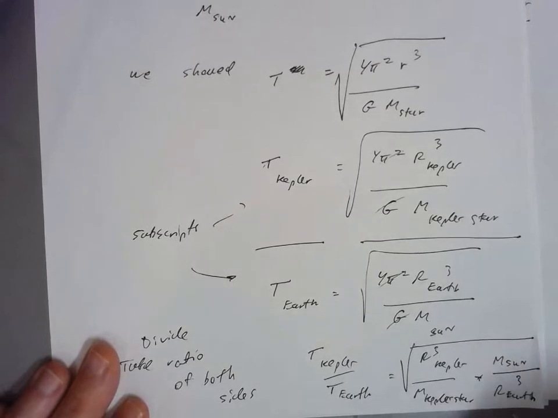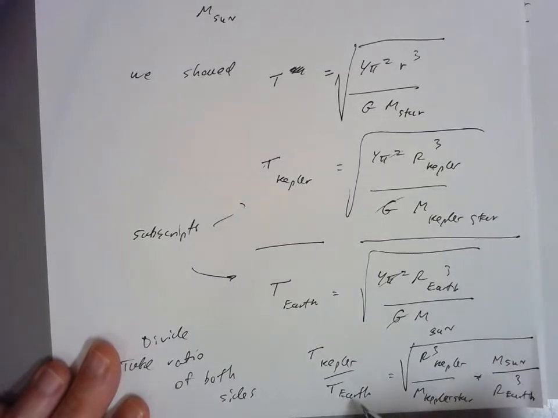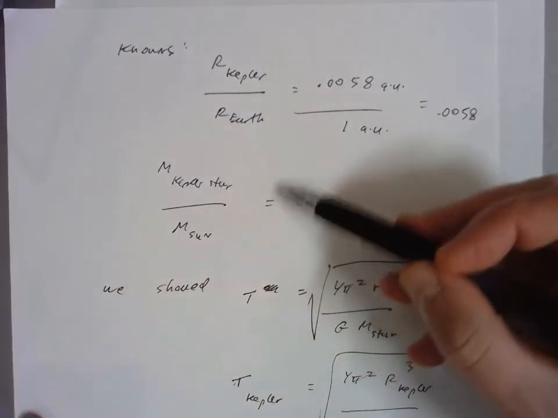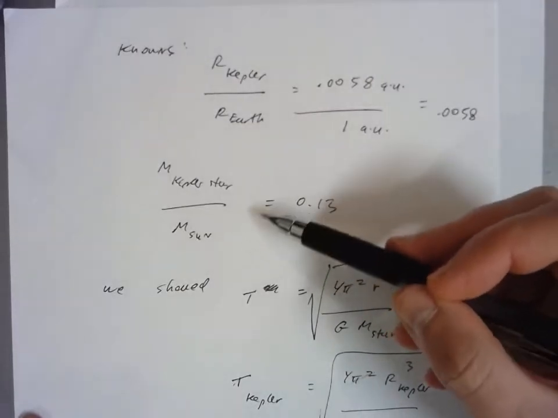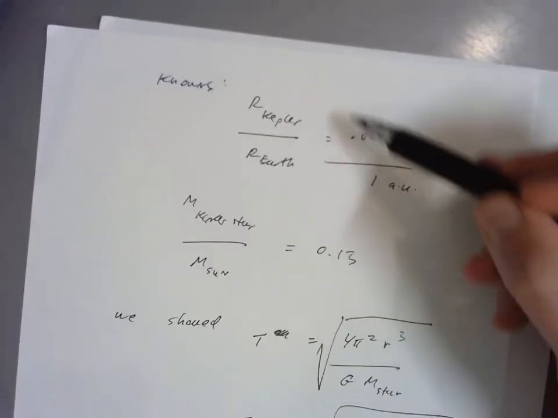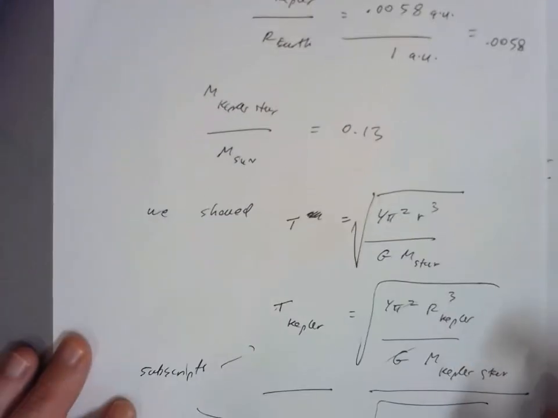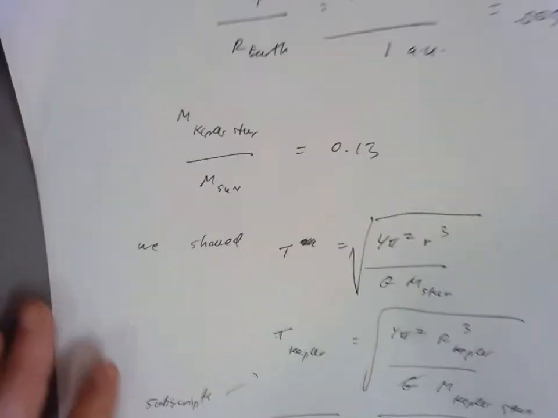Alright, and what you can see is now I've got my answer, which is a ratio, in terms of my knowns, which are also ratios. So I'm going to sub in now the ratio of my two star masses and the ratio of the two orbit radii, and then I'll be done. So I'm just going to copy my formula one last time.